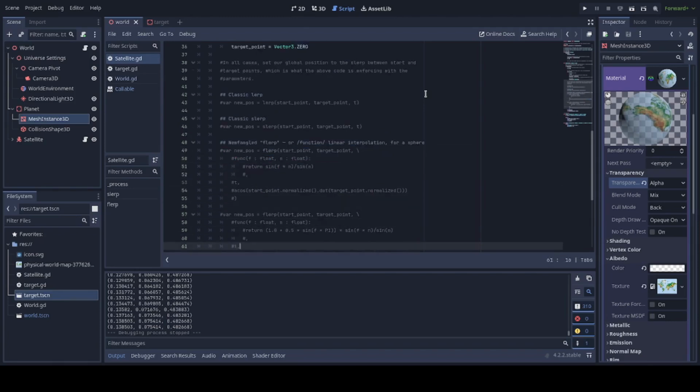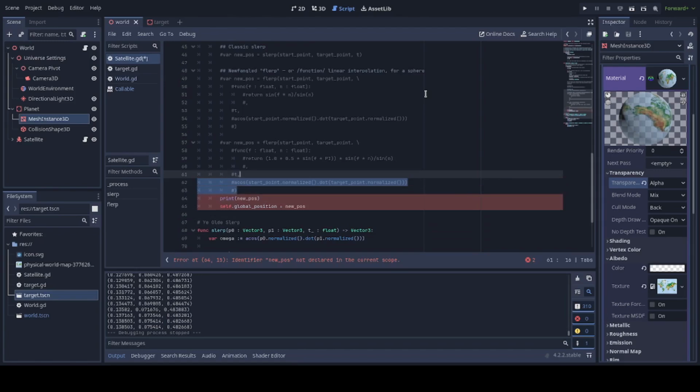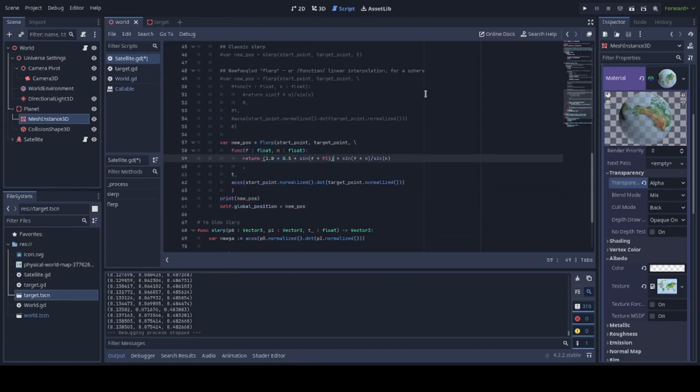If you look at my new function down here with Flerp, it's very similar to the spherical interpolation, but at the very beginning here we have 1.0 plus 1/2 times the sine of f again. I'm kind of wishing I'd named it t again now, but whatever. F times pi, right?